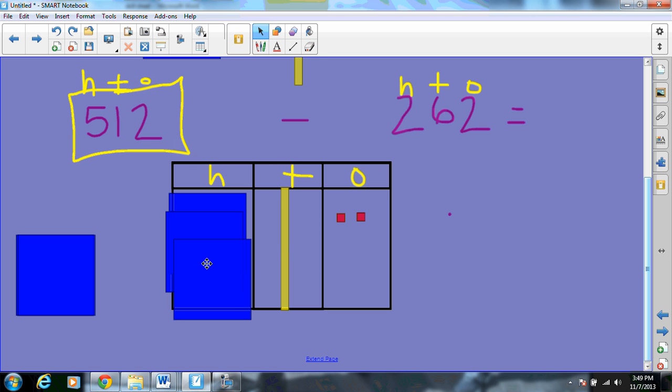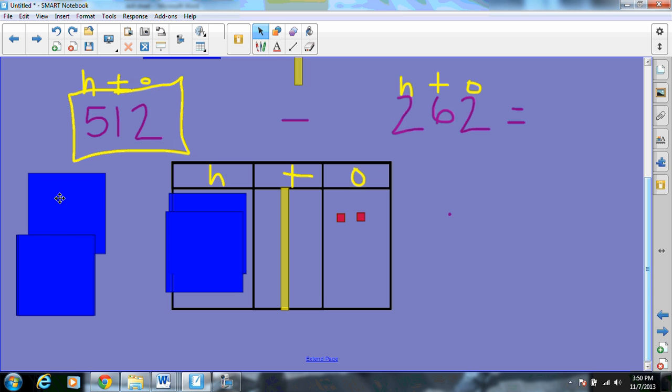So I'm going to take this away so I can regroup it, and I'm even going to write an R on it to remind myself that I regrouped this one. I didn't just take it away, I just regrouped it, which is a little bit different. It means trade. So we're not changing the value of it at all. And so I traded that, and so now I'm going to have 10 tens. So I'm breaking it down.